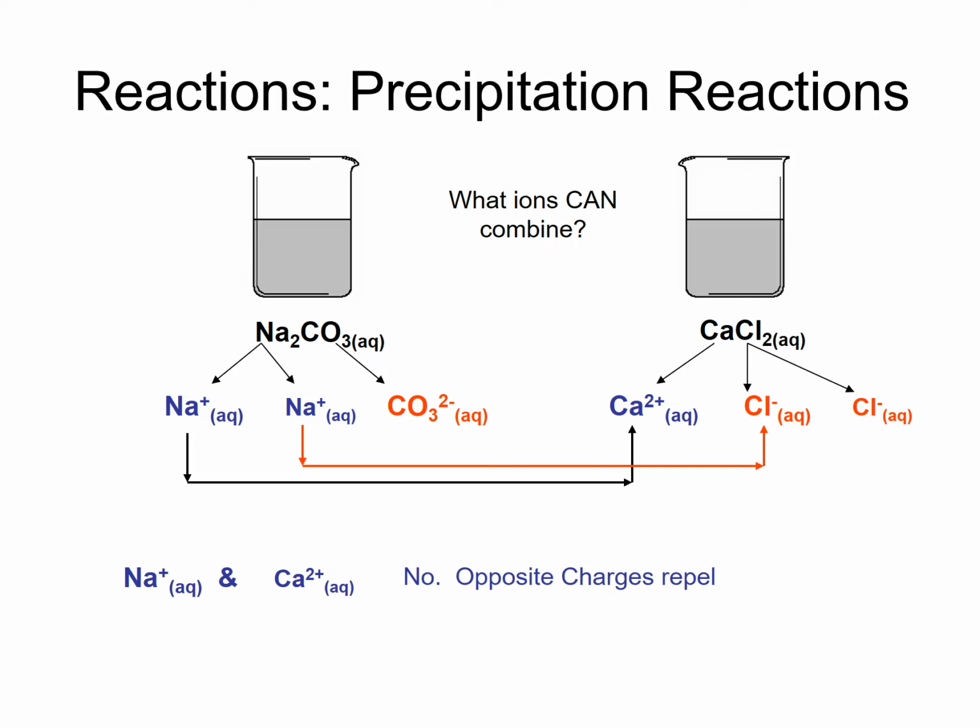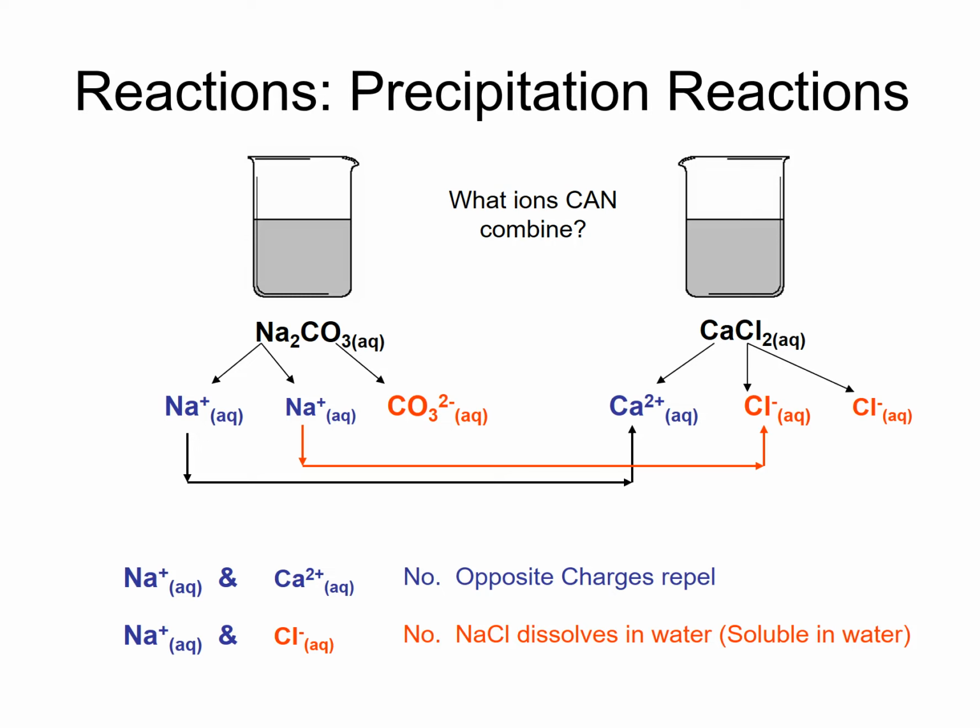Well, how about the sodium ion and the chloride ion? Well, this is a more reasonable possibility. Since sodium ions are positive and chloride ions are negative, it only makes sense that these 2 things might actually come together, because after all, they're attracted to one another. However, we know from our past experience that NaCl dissolves in water.